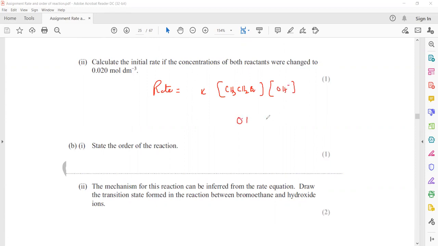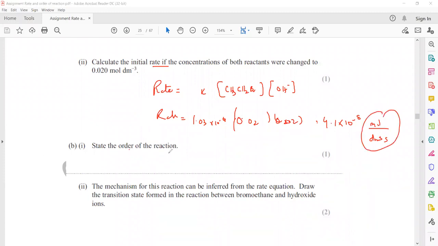So we make the same concentration, 0.02, for both reactants, and the value of K we already worked out, it was 1.03 into 10 to the minus 4, the previous answer. So we multiply them all, and we get the initial rate, which will come out as 4.1 into 10 to the power minus 8, and because it is a rate, the unit of rate is mole per dm cube second. K can have different units, but the rate will always have this unit.